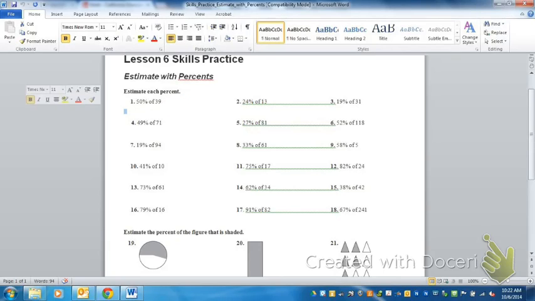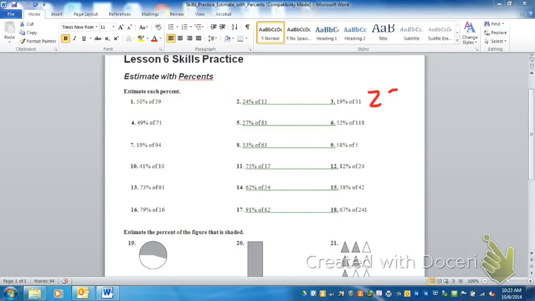Let's take a look at number 2. 24% of 13. 24 would be rounded off to 25 over 100, which reduces to 1/4. And 13 is closest to 12.